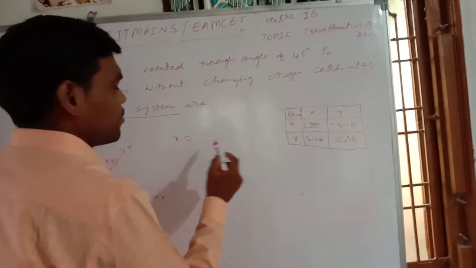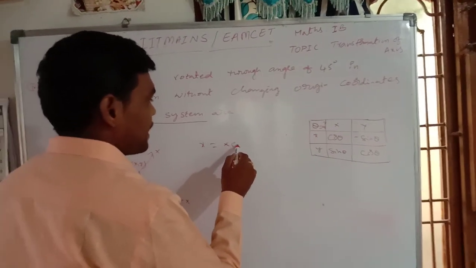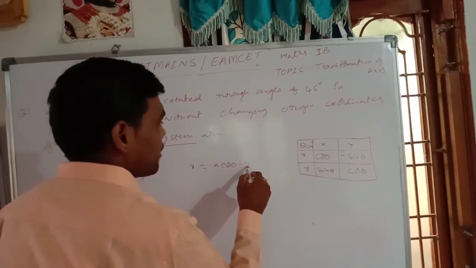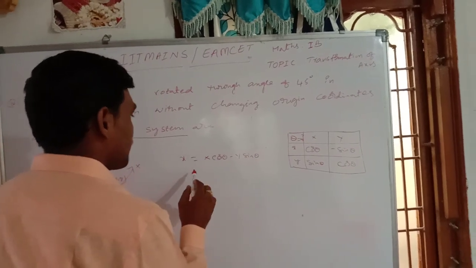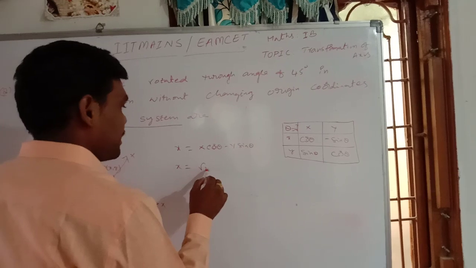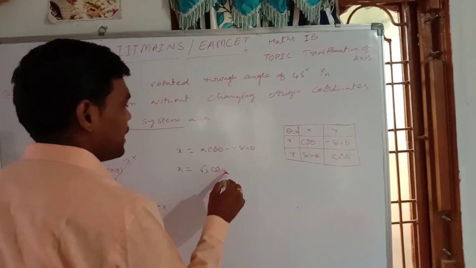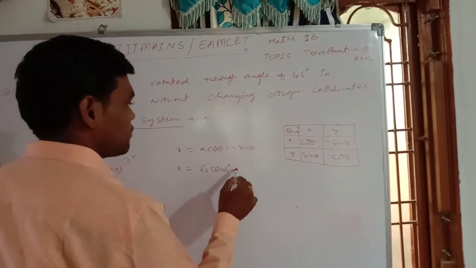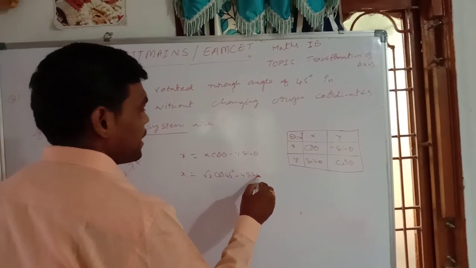Now see the table. Small x is equal to capital X cos theta minus capital Y sin theta, and these are the values: small x is equal to capital X means root 2 into cos theta, that means cos 45 degree, and capital Y means 4, and this is sin 45 degree.